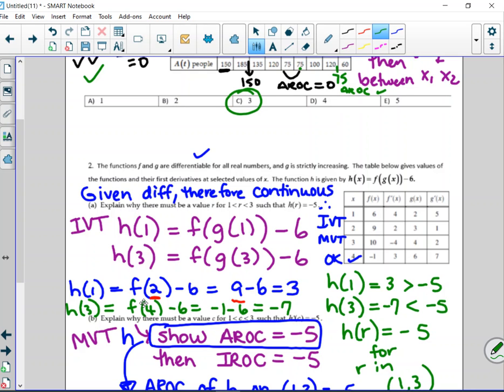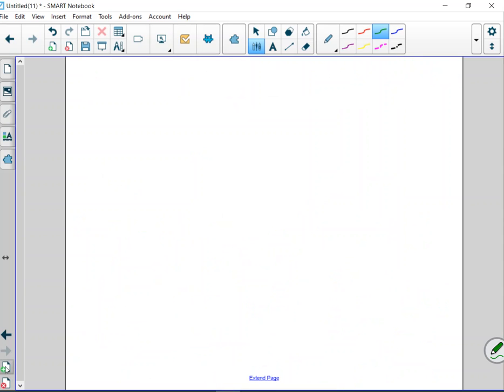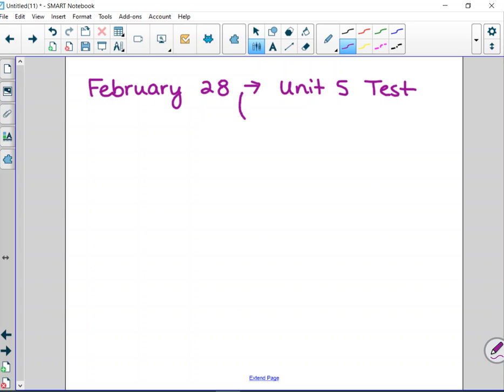But just a reminder, our plan going forward is a little bit different on our schedule. Make sure you've got this on your calendar that we are testing on the 28th. It is our Unit 5 test. And in addition to that, at that point, we would be doing a Unit 5 homework check.